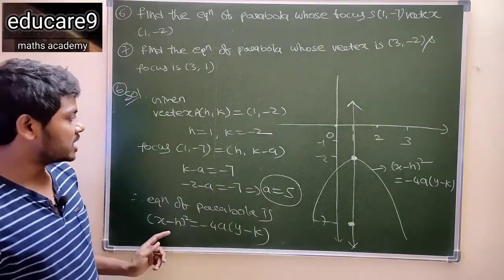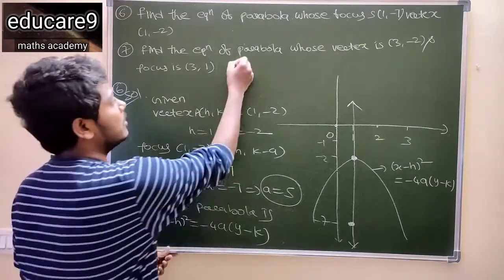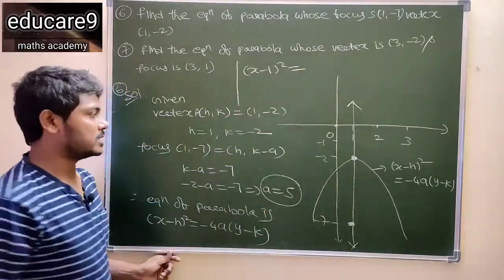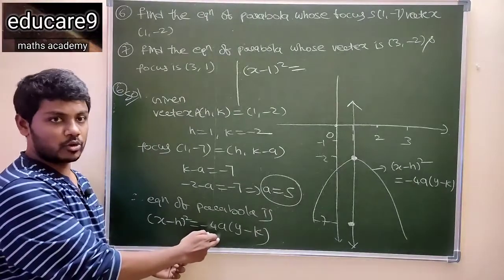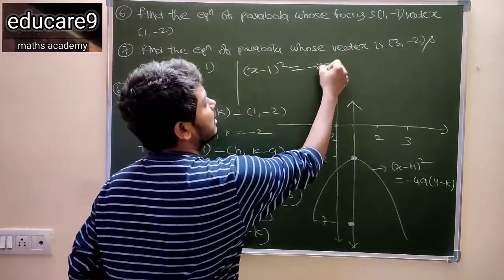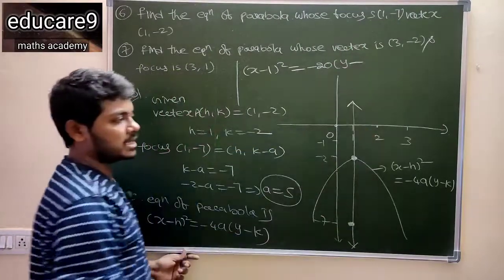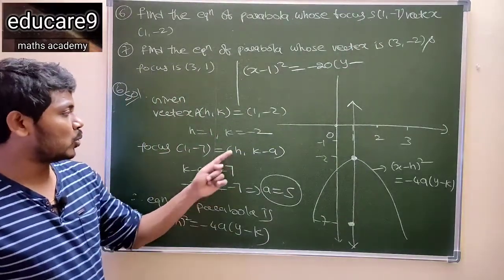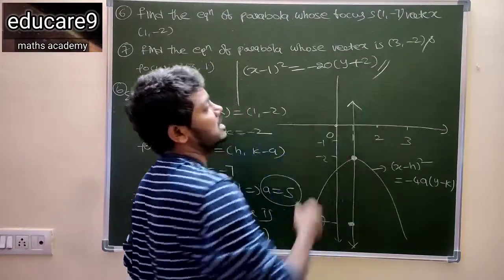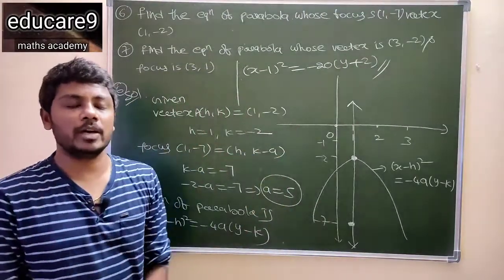Okay. So what is the h value? 1. Therefore equation of the parabola is (x - 1) whole square is equal to -4 into 5, -20 into (y - k). What is the k value? Minus 2. We will get plus 2. So this is the required equation of the parabola.